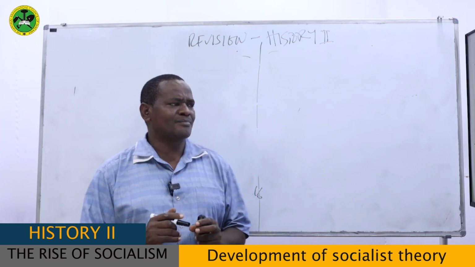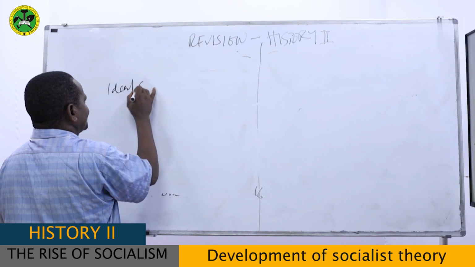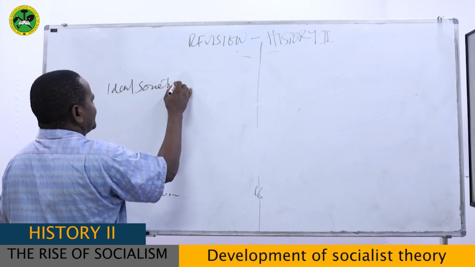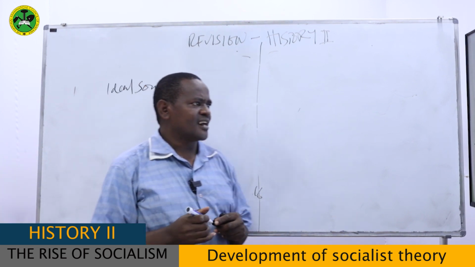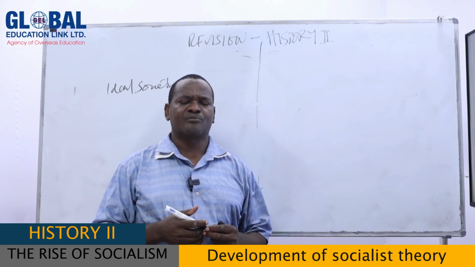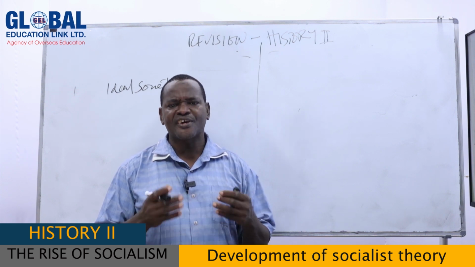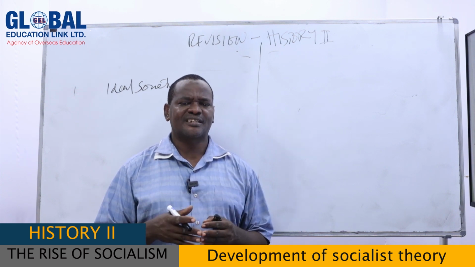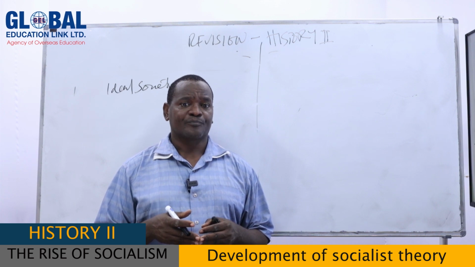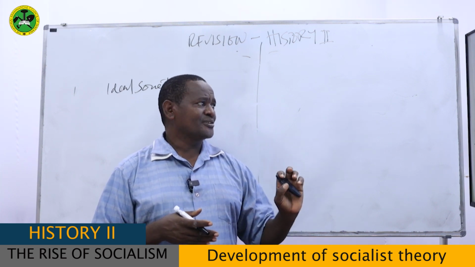An ideal society where people are going to be equal in everything. And of course, remember, this came during the time when the working class was too small. Probably that's why people thought of the idea of establishing an ideal society with no proper way of how to establish it. So that is one.